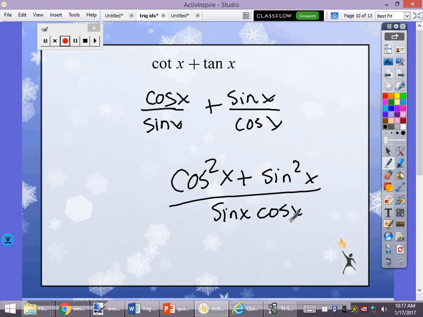What's cosine squared plus sine squared? It's 1. Same thing, right? And 1 over sine is cosecant, 1 over cosine is secant. I get the same answer. Okay?